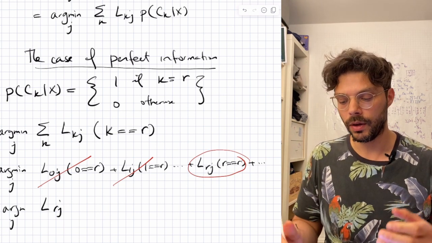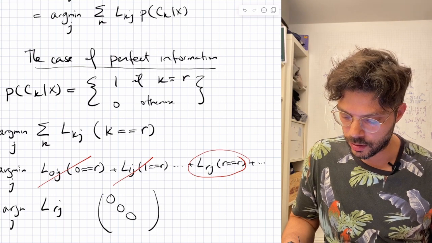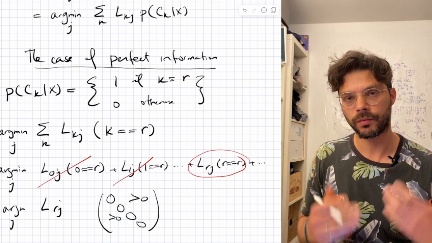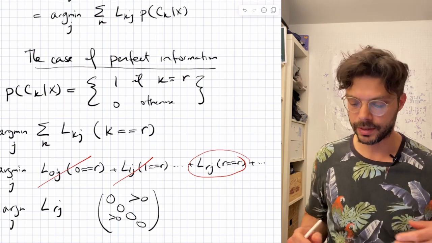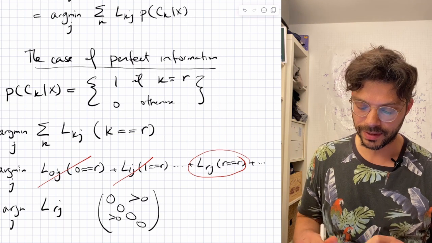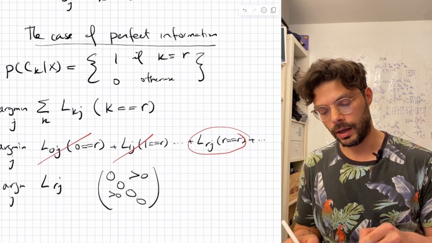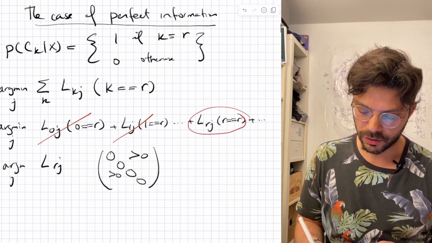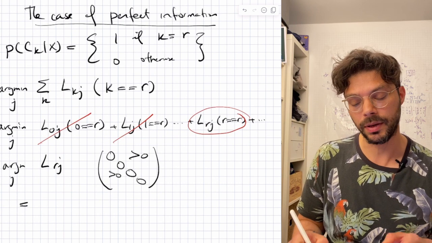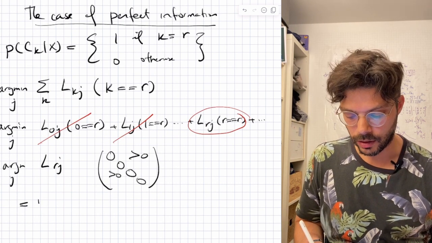Now we know for the loss matrices that we're talking about, their diagonals are 0 and everywhere else is greater than 0. It could be different, but most reasonable loss matrices will have this property. In that case, the minimum over j of L_rj happens when j is equal to r, so the argmin is going to equal r.